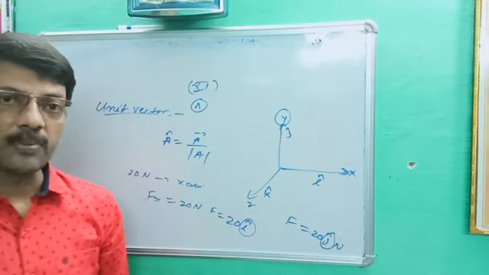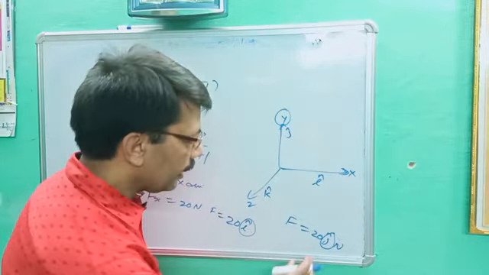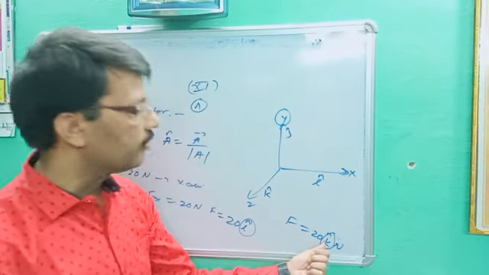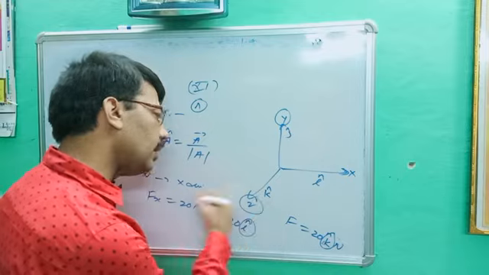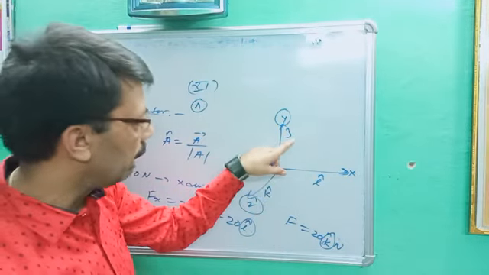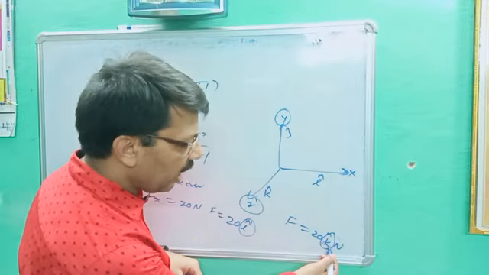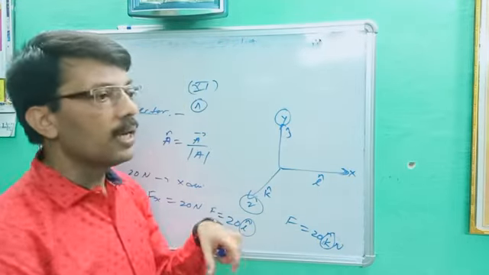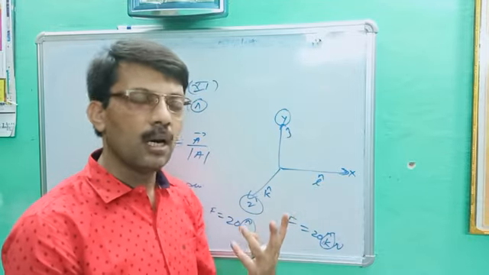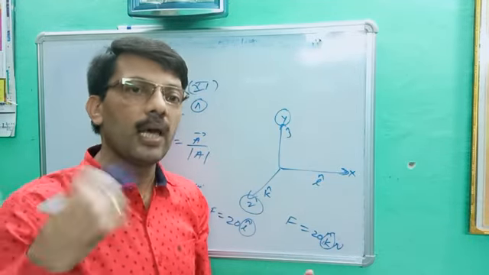This is the significance of the unit vector. If in the place of j cap I put k cap, 20 Newton force is acting, but in what direction? Z direction. That is what i cap, j cap, k cap signify. We are multiplying by i cap, j cap, k cap. Their value is not going to change, but the direction changes every time. And you know a vector has magnitude as well as direction.